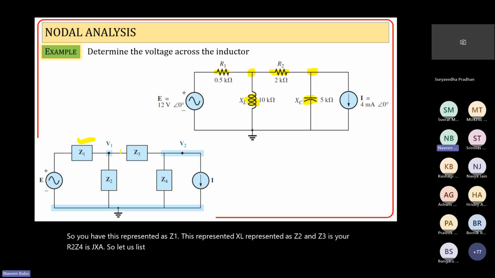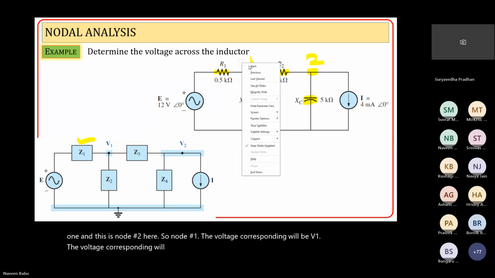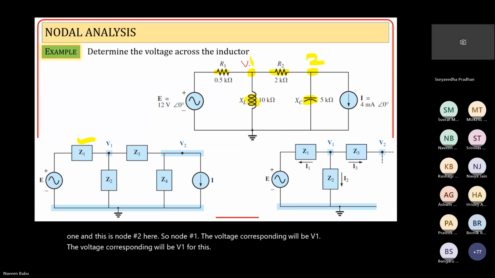Let us focus towards node number 1. So this is node number 1 and this is node number 2 here. The voltage corresponding to node number 1 will be V1, and for node number 2, the voltage will be V2.